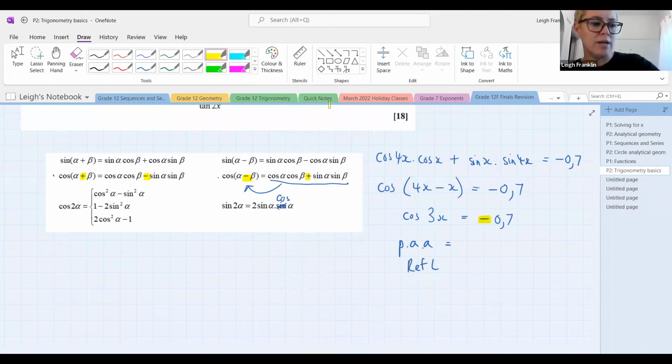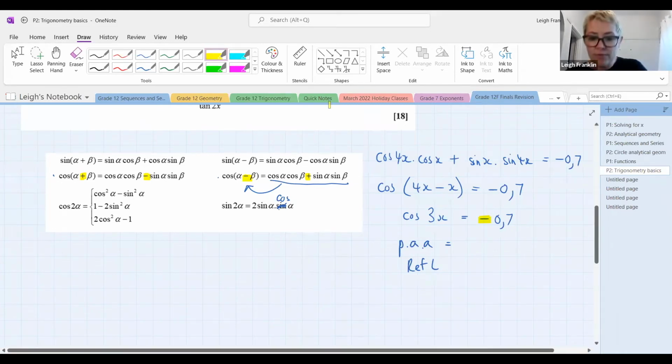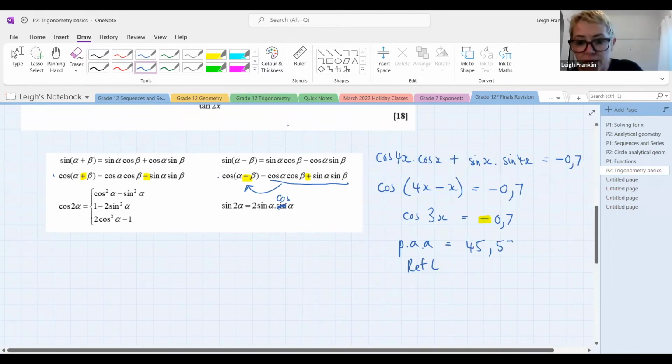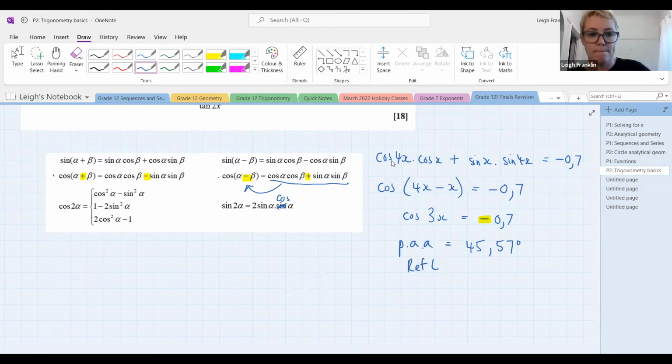So on our calculators, we would go shift cos, and we would pop in positive 0,7, and that would give us a reference angle, or PAA, of 45,57 degrees. Okay, are you guys getting the same thing? That's it. Perfect.